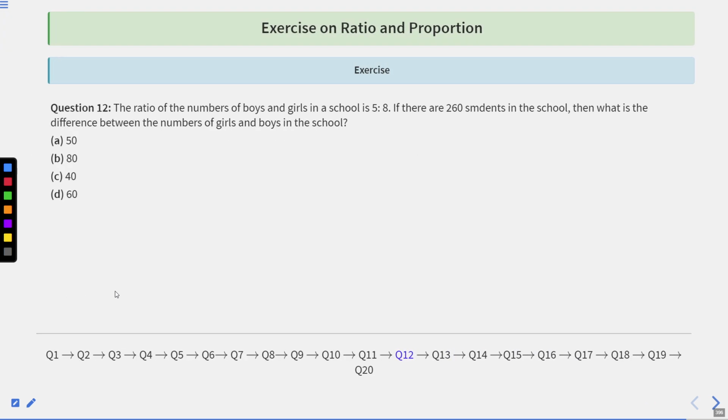Now let us move to question number 12. The ratio of the number of boys and girls in a school is 5:8. If there are 260 students in the school, then what is the difference between the number of girls and boys in the school?